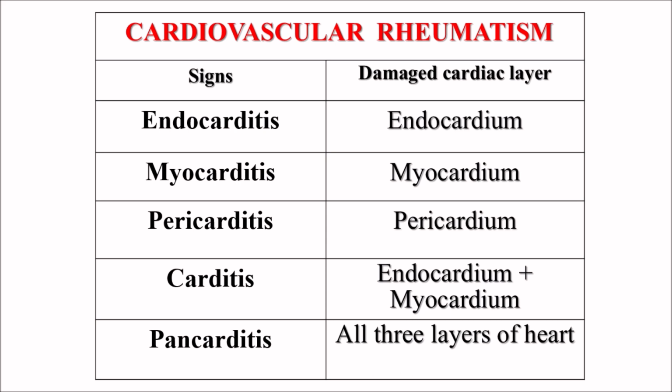Also, rheumatic carditis, that is the endocardium together with the myocardium being damaged. If all three layers of the heart, all three tunics of the heart, are covered by the pathological process of rheumatic fever, we'll call it pancarditis.